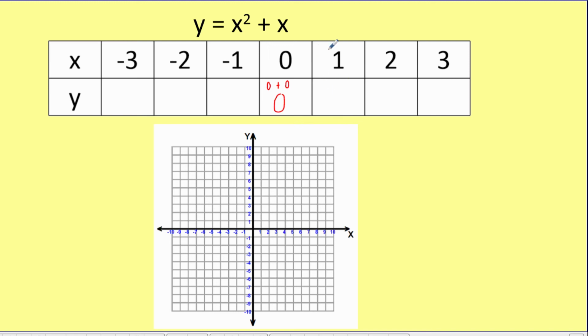Okay, 1 squared is 1. Okay, I lost myself there. Plus 1, 2. 2 squared is 4, plus 2 is 6. 3 squared is 9, plus 3 is 12. Okay, back this way.